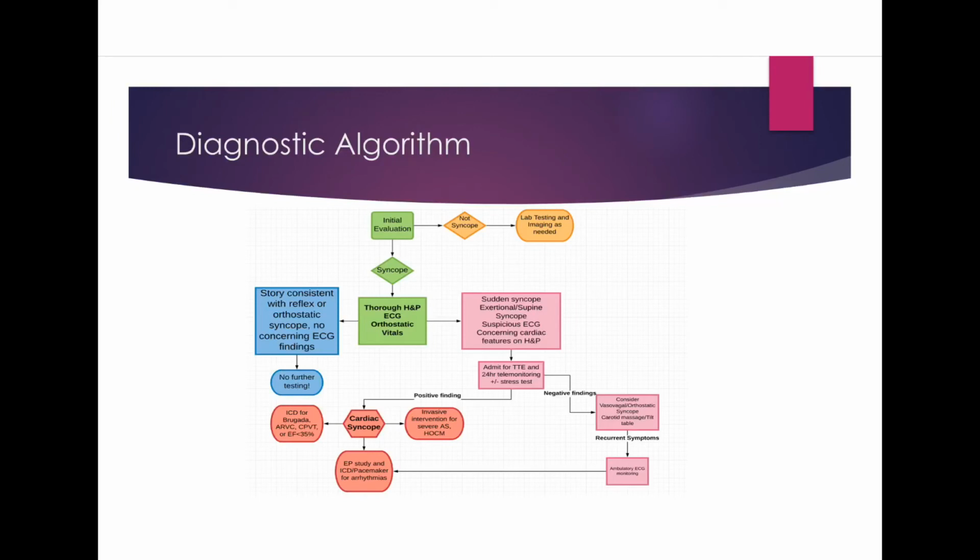Here's a flow chart summarizing the next diagnostic steps for a patient who presents with syncope. It starts with an initial evaluation, including a thorough history and physical. The first question to ask is whether the patient's symptoms are consistent with the definition of syncope, or whether you should be thinking more of other causes for the patient's symptoms or loss of consciousness.